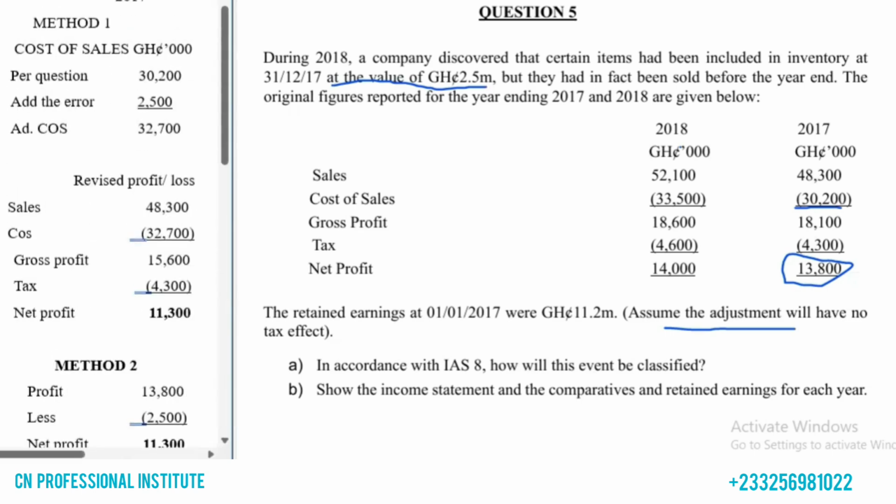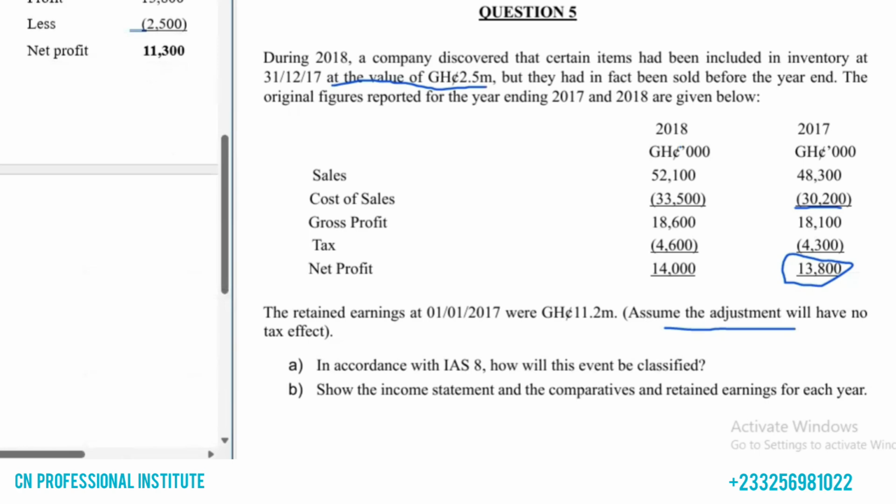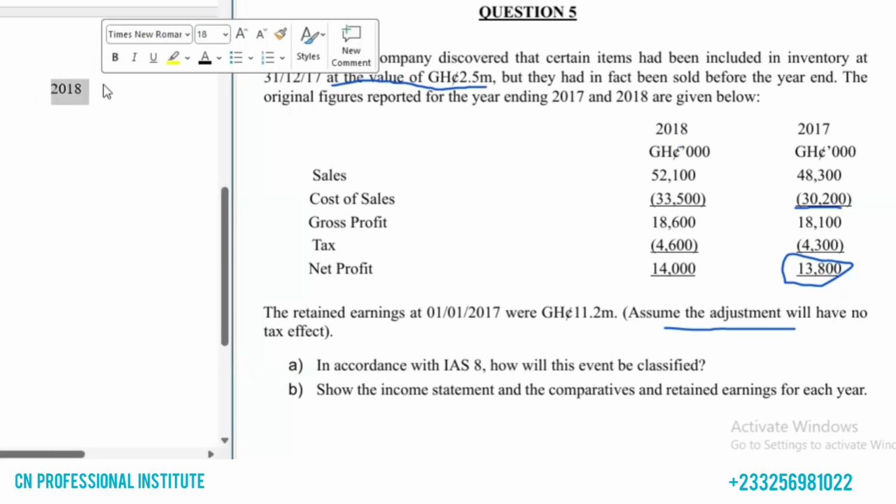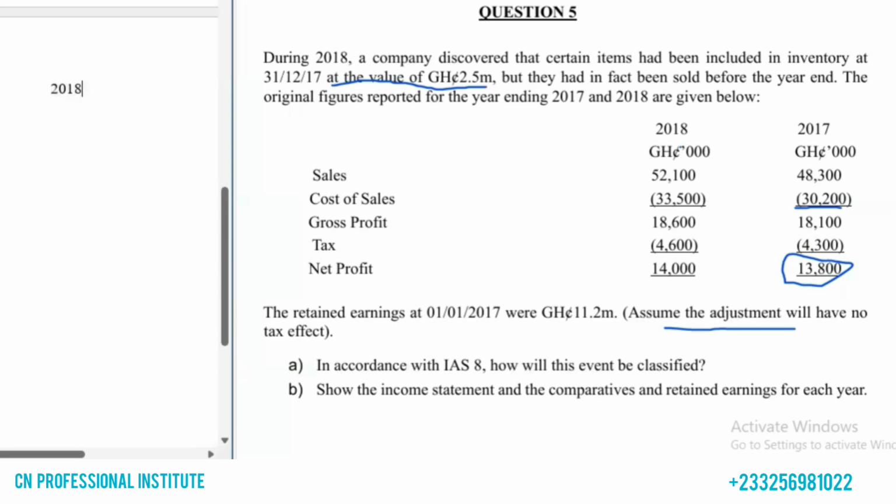Let's look at 2018. So this 2017, 2018 will follow the same or similar format, right? So 2018 will follow the same thing. If not the same, it will be similar. So 2018, and with 2018, let's start with method one.